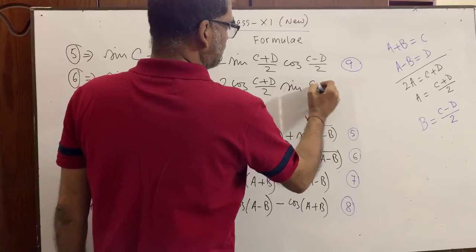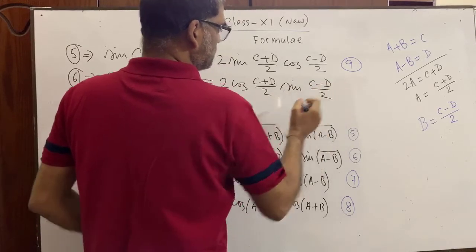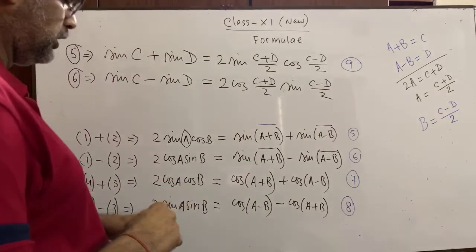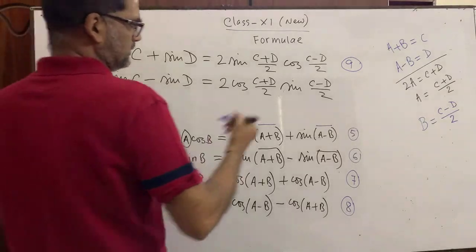B for C minus D by 2. Now it is formula number 10.